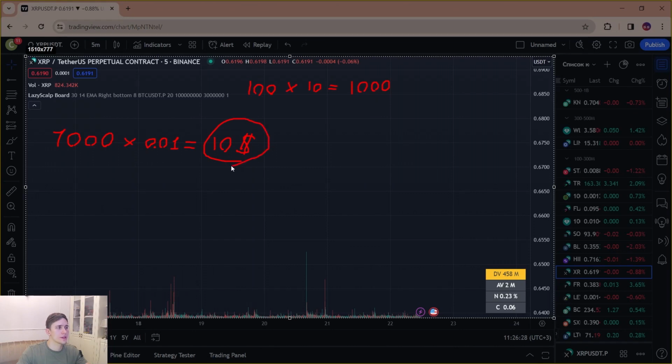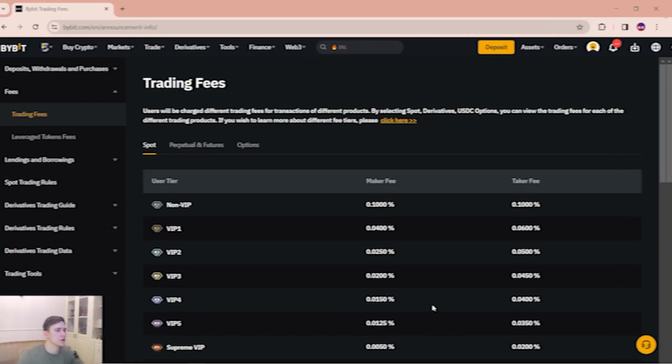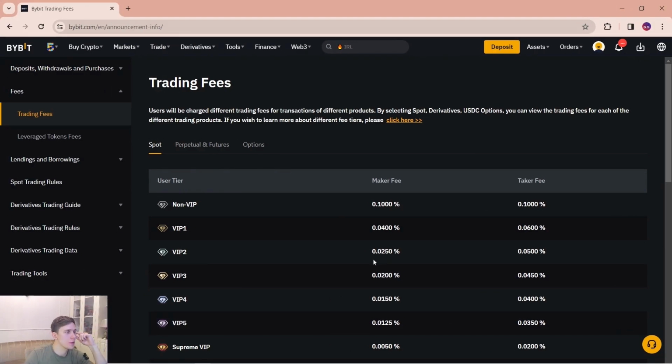This is quite easy to calculate, but we forgot about the commissions for entry and for fixation. So we remember that our profit is $10, but we should deduct the commissions. We go to the Bybit trading fees website, and here we see that the non-VIP user maker fee and taker fee are absolutely the same, 0.1%. To calculate the commission, you should multiply this parameter by your position volume.